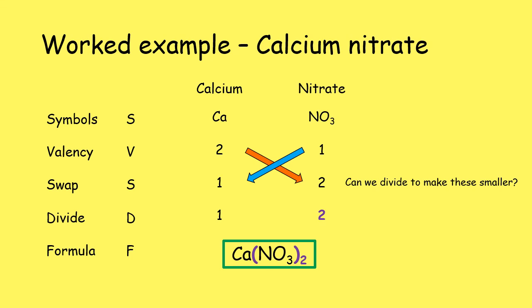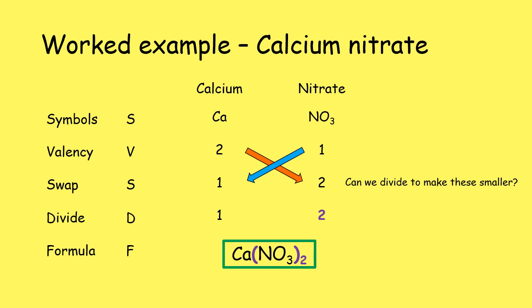So calcium, there's 1 of, so we write it as normal. In order to show that there are 2 nitrates, what we do in this situation is we put the NO3 in brackets and then we write the number 2. We only need to do this if the number underneath our symbol at the end of the divide step is bigger than 1.